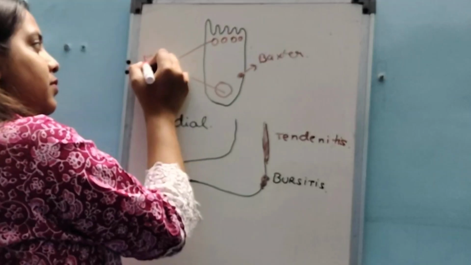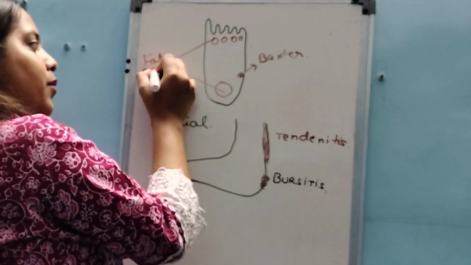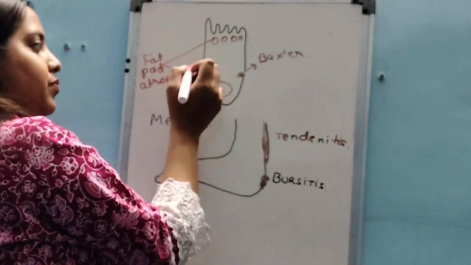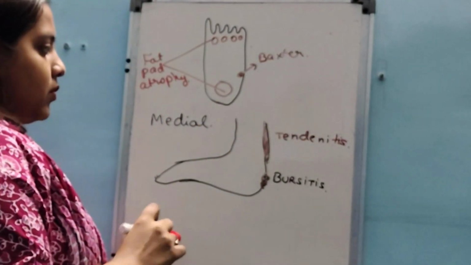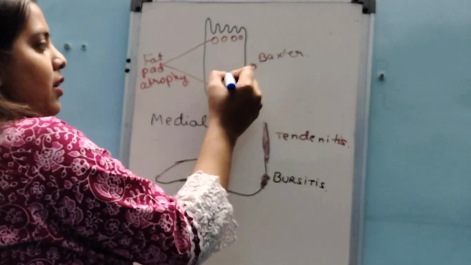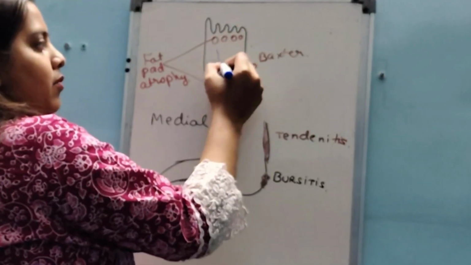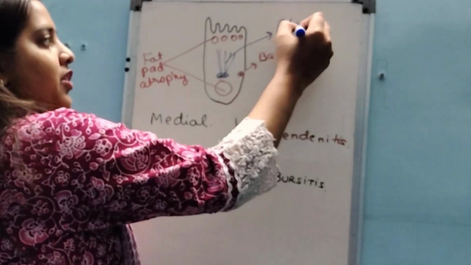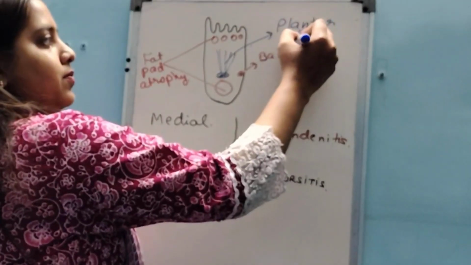If you have pain here or here, then it is fat pad atrophy. If you are having pain here and also here, then it is plantar fasciitis.